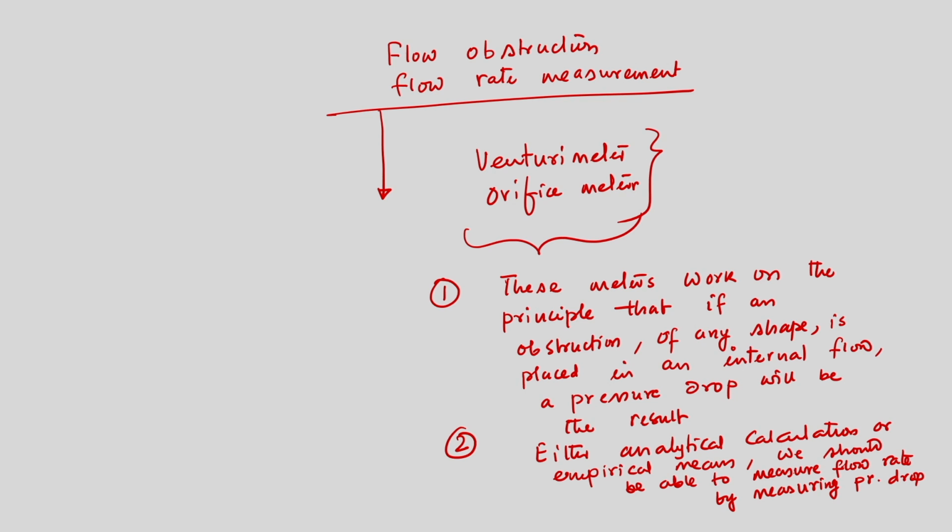The venturi meter and orifice meter work on the principle that if an obstruction of any shape is placed in an internal flow field, that obstruction will lead to a drop in pressure, and if we can measure the drop in pressure, from there we can calculate the velocity, and from there the flow rate. That is what we have seen.